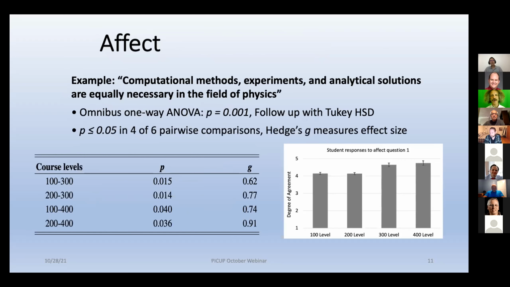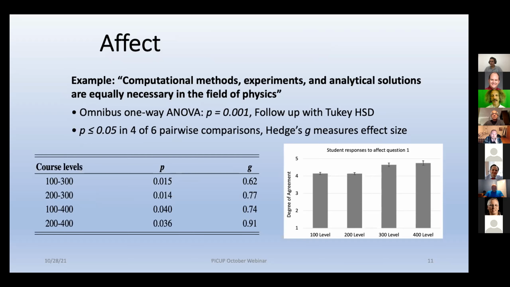So now I just want to look at, I think there are, like I said, 10 questions in each of the 2 self-efficacy sections, and I believe 5 or 6 in the affect section. I'm just going to give a couple of examples. So one of the questions in the affect sample is a standard Likert scale type question. We ask students the extent to which they agree with this statement: computational methods, experiments, and analytical solutions are equally necessary in the field of physics.